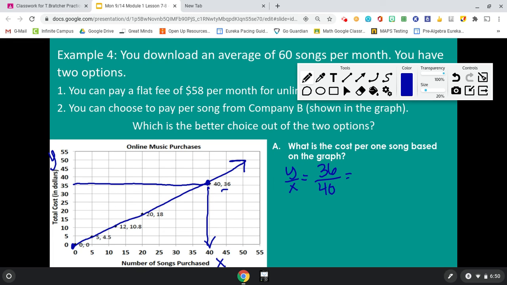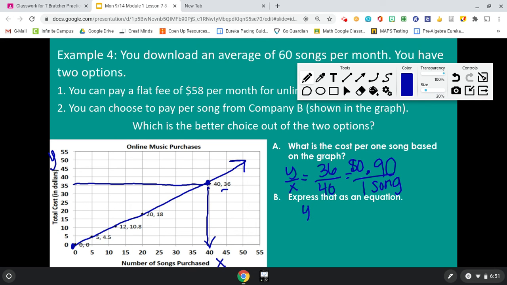So 36 divided by 40 is 0.9. And remember, we're talking in terms of money, so 0.9 is not 9 cents, but 90 cents. And that's for every one song. So you can still find the constant from a graph, especially if it's shown by going through the origin as a straight line.